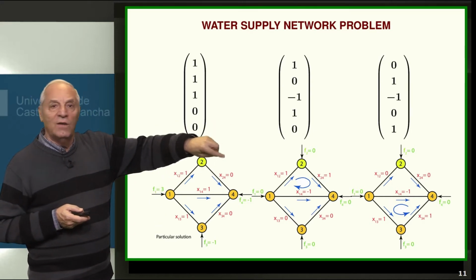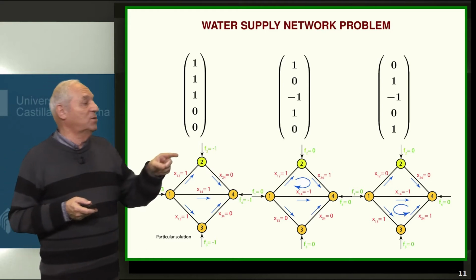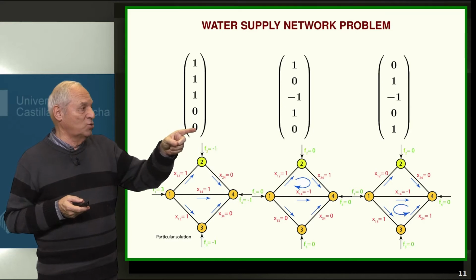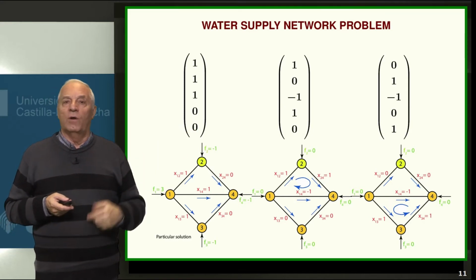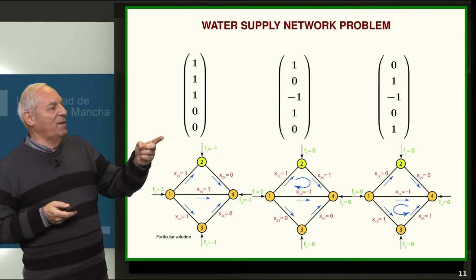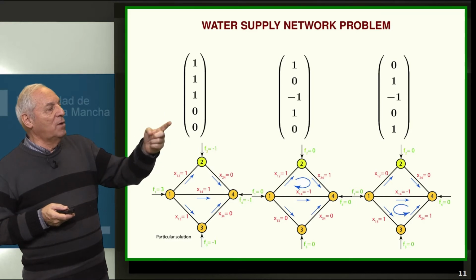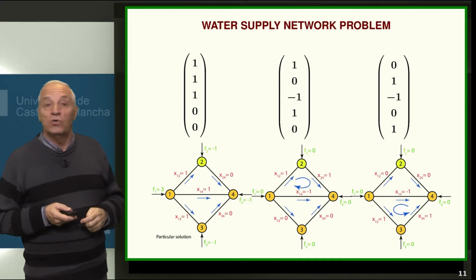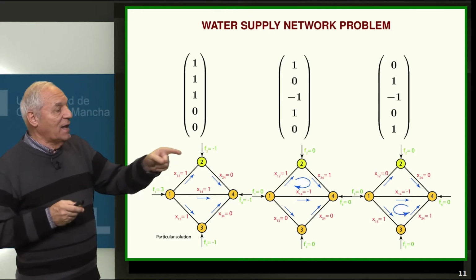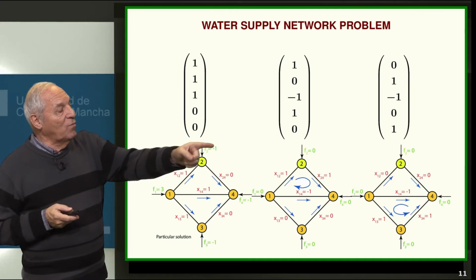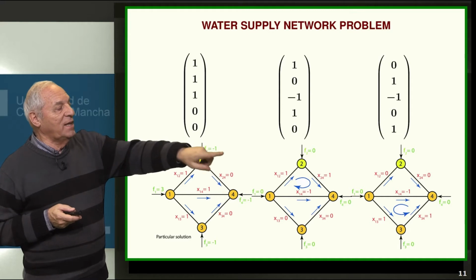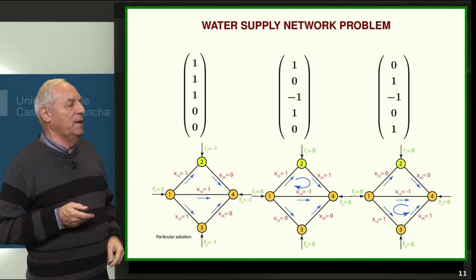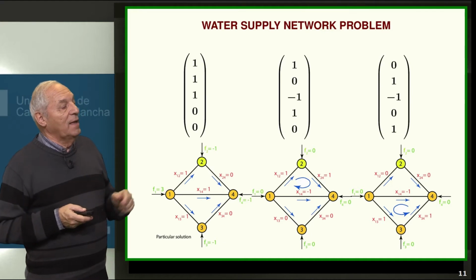Note that for pipe 1 2, the rotation direction coincides, in pipe 2 4, it matches, but for pipe 1 4, the direction of rotation is contrary to the vector direction. That's why the third value in 1 0 minus 1 1 0 is with minus sign, because it goes in the contrary direction.